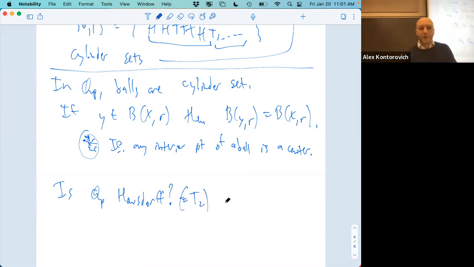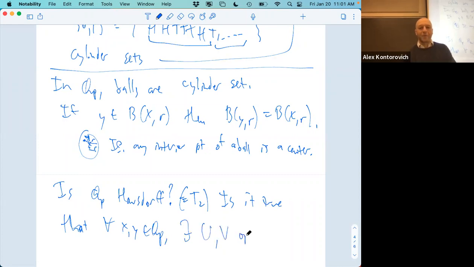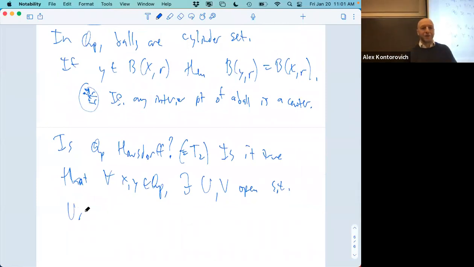Is it true that for all x and y in Q_p, there exist open U, V such that U and V are disjoint, and x is in U and y is in V?